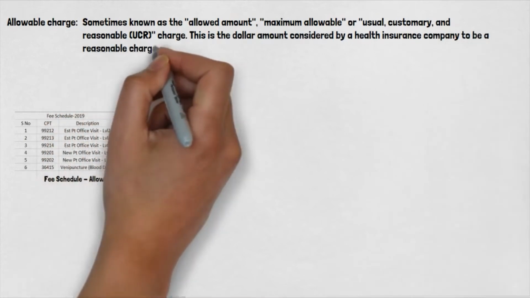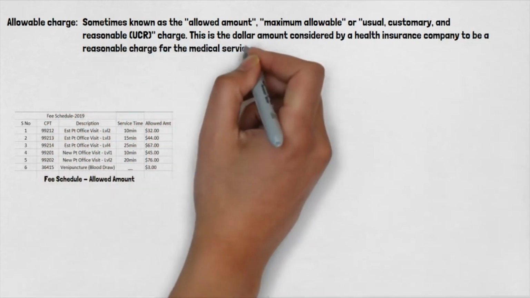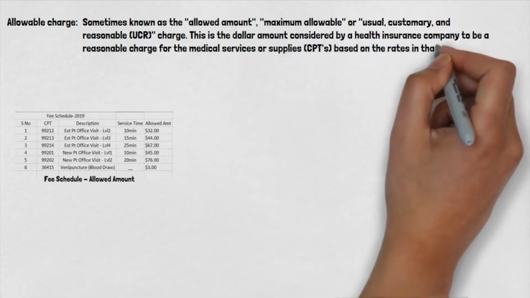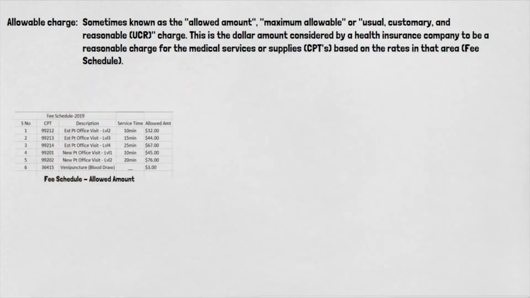This is the dollar amount considered by a health insurance company to be a reasonable charge for the medical services or supplies billed by the provider, indicated by CPTs and based on the rates in that area indicated by the fee schedule.